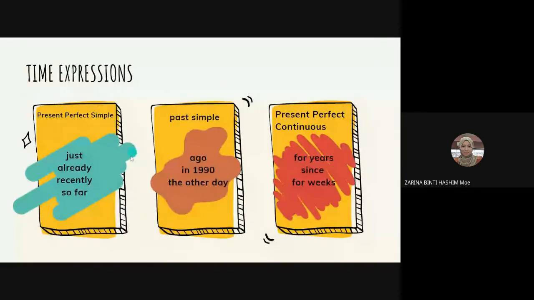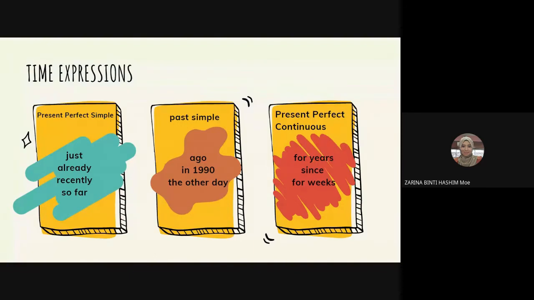That means when you have these, we should choose past simple. And for present perfect continuous, normally we have for 4 years, since, for 4 weeks. These are the clues for you to choose the correct tense. So now we are at number 8, 9, and 10.